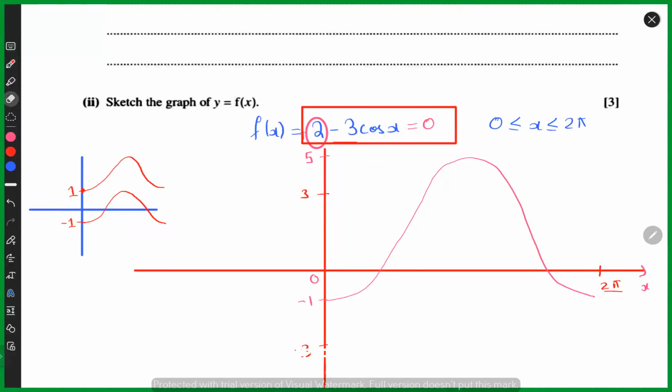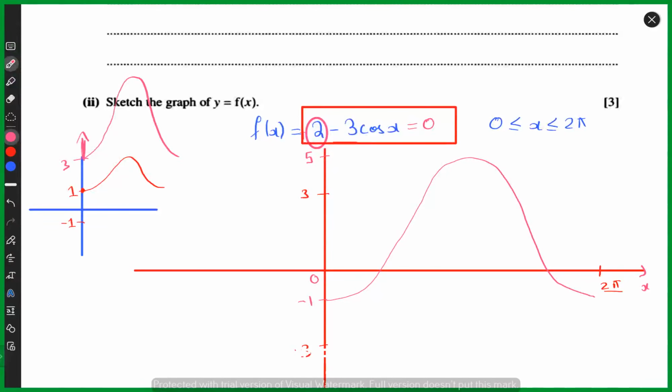Now imagine, this is what I told you guys, that when you apply the stretch factor, it is only going to take it above. This time around, when I apply the stretch, this one would basically move to 3, and it's only going to stretch in the above direction because we do not have anything below the x-axis.